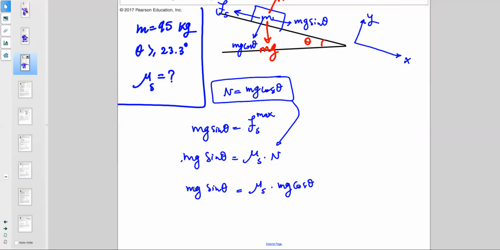This mg and this mg will cancel out, so it doesn't really matter if it's 95 kilograms or 195 kilograms. I have sine theta equal to mu s cosine theta.